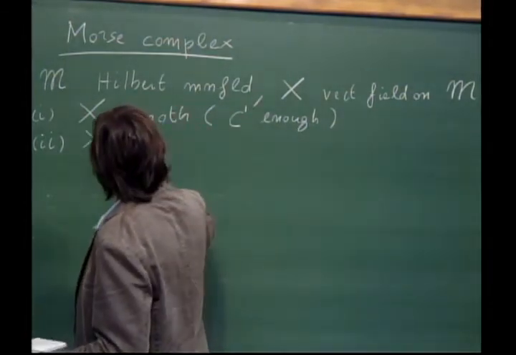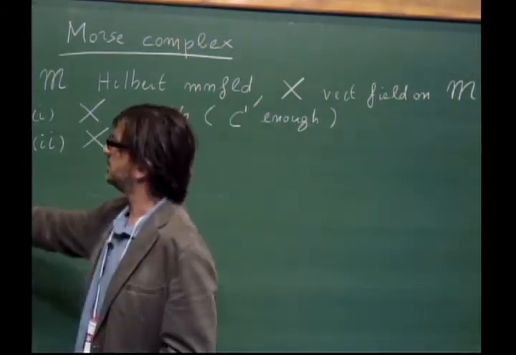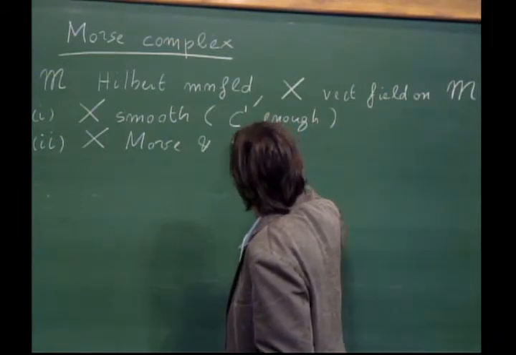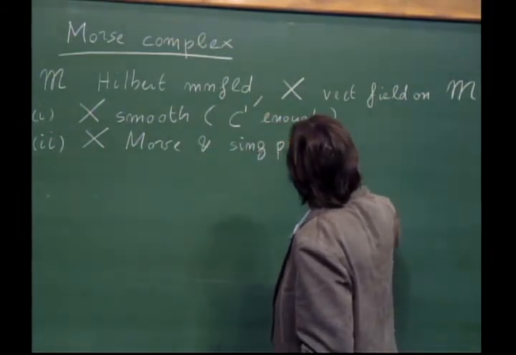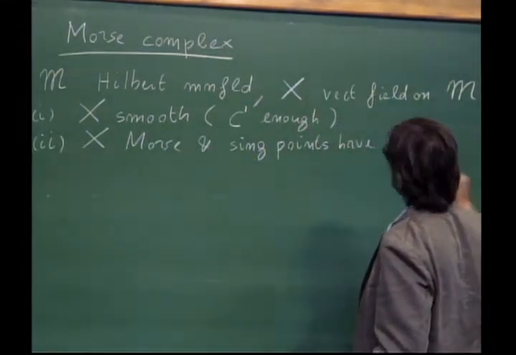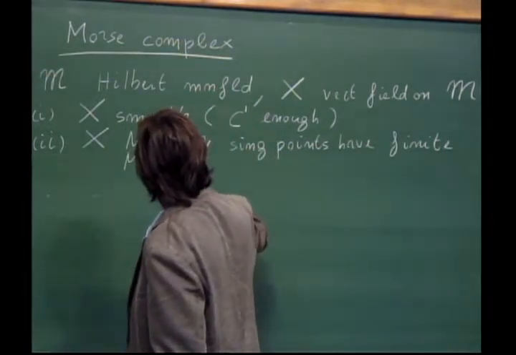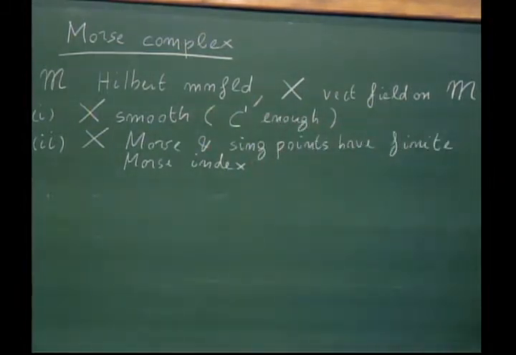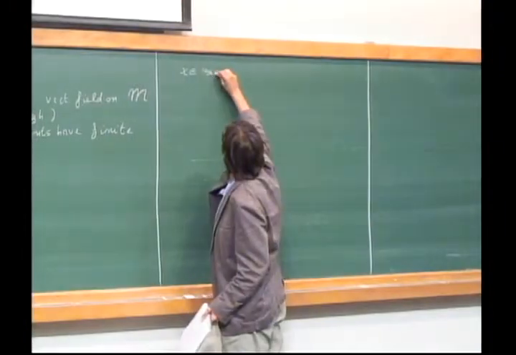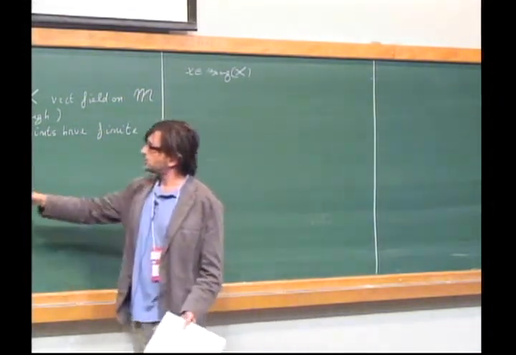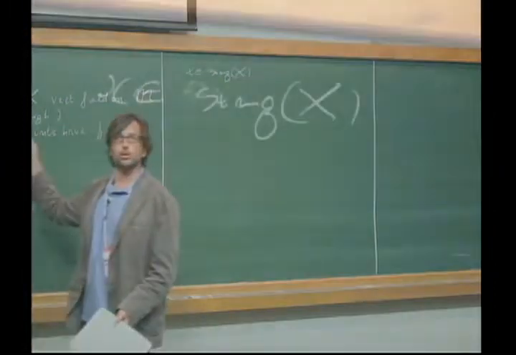The second is that X is Morse, exactly in the sense I said before. And critical points, and so singular points, have finite Morse index. Maybe here we need a bit of explanation. So we have this singular point x. Now we said that the differential of X at this singular point has no purely imaginary spectrum.